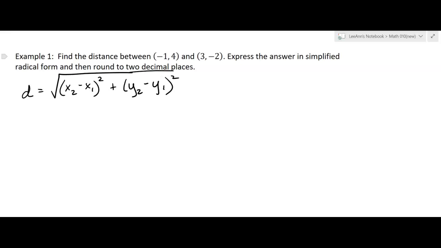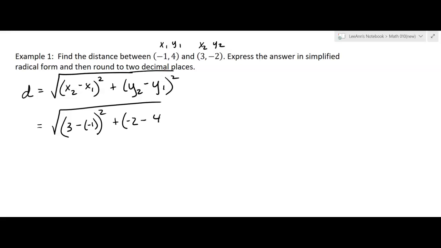Okay, and then like we've done in the past with the slope formula, consider this the first point and this the second point. And then we can just plug in the numbers. So we're going to have x sub 2 is 3 minus x sub 1, which is -1. We're going to have to square that. And then y sub 2, which is -2, minus y sub 1. And we're going to have to square that.